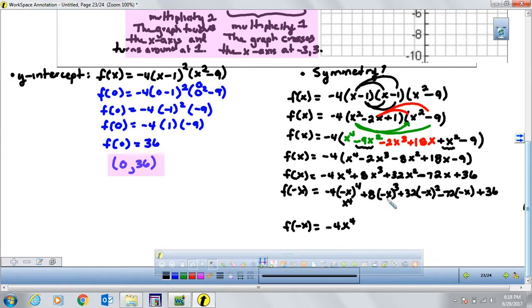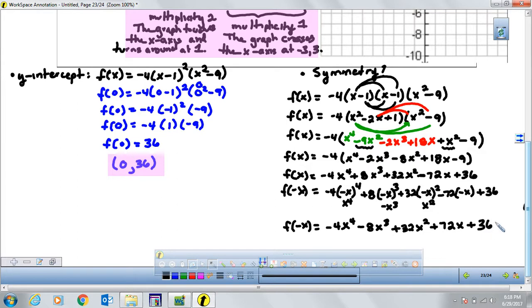If I raise this to the third, it's going to end up as negative x cubed times 8 is negative 8x cubed. Then negative x to the second would be positive x squared times 32, which is positive 32x squared. Negative 72 times negative x is positive 72x, and then plus 36.